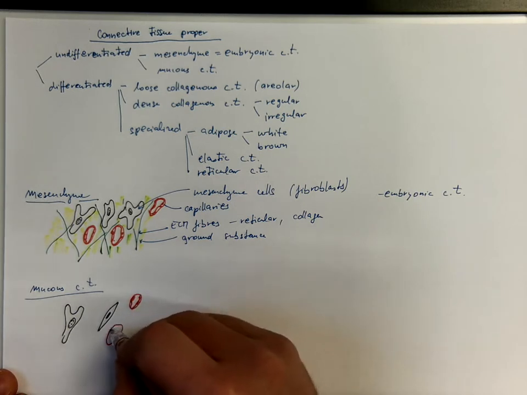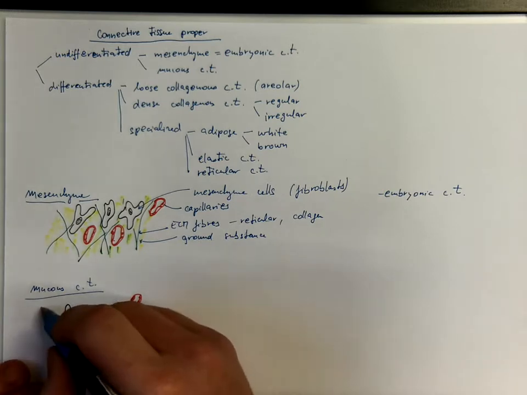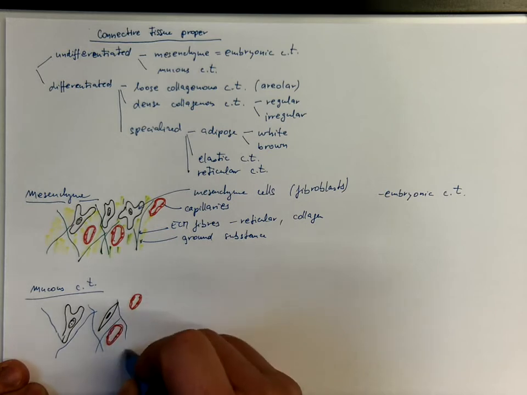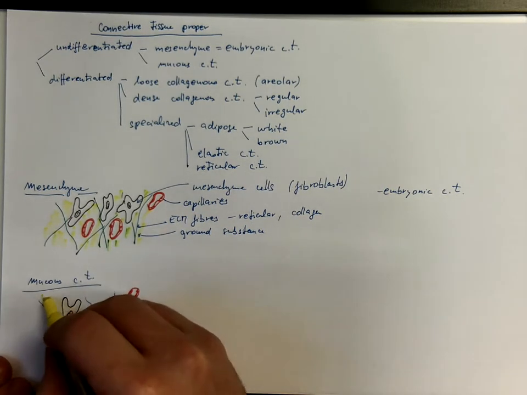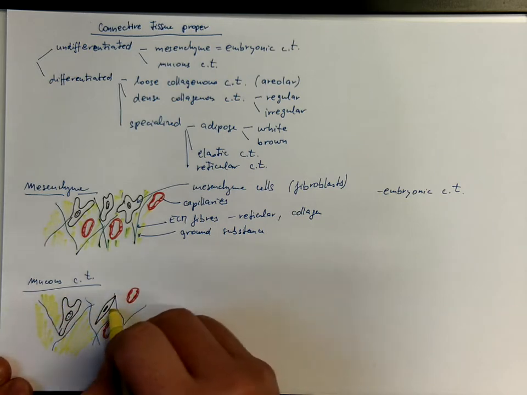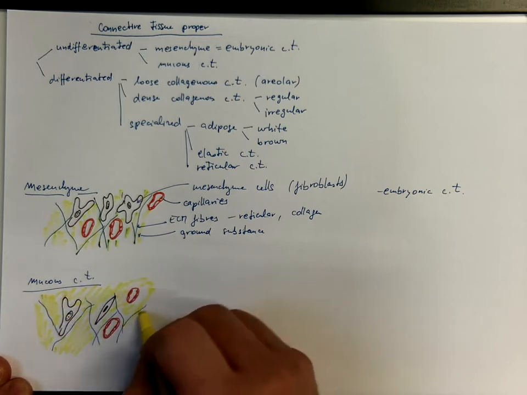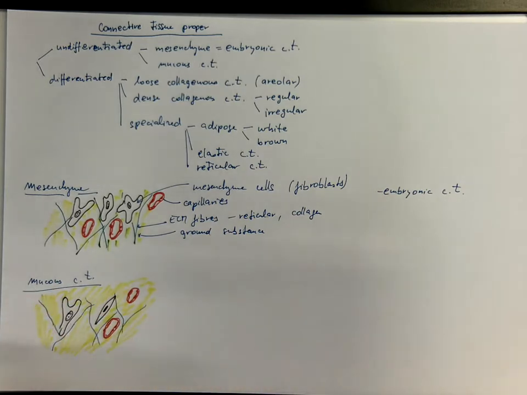There are reticular fibers, but what makes the difference is a huge volume fraction of the ground substance, and predominantly the hyaluronic acid.